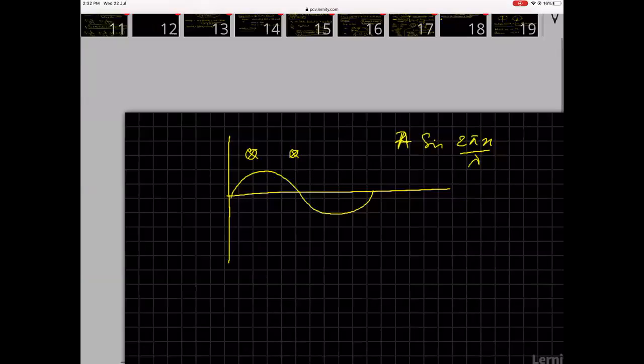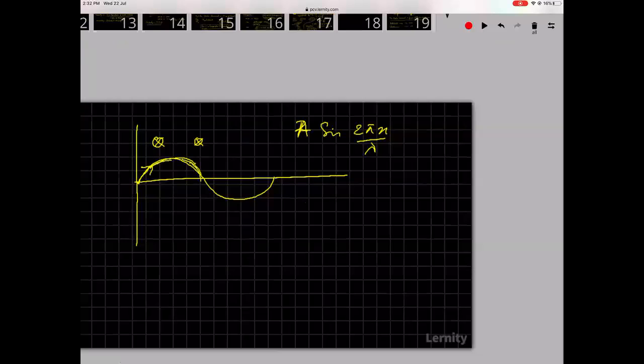So in this part the current is going this way. In this part the current is going this way. Okay. So if there is a magnetic field, BIL, if I just do BIL, it will be outwards. Then again, if I do BIL on this element, also it will be outwards.